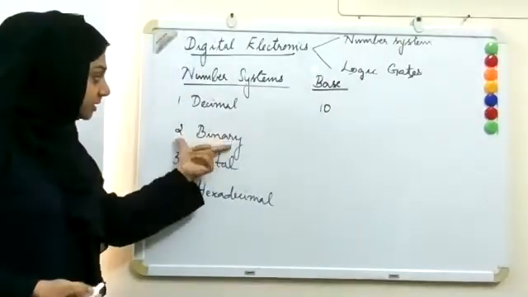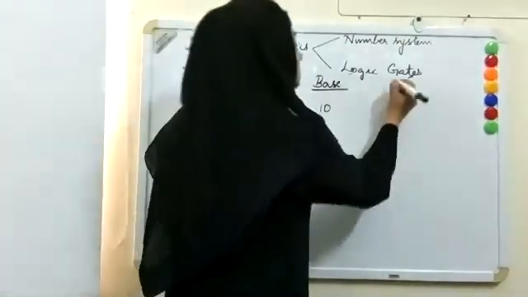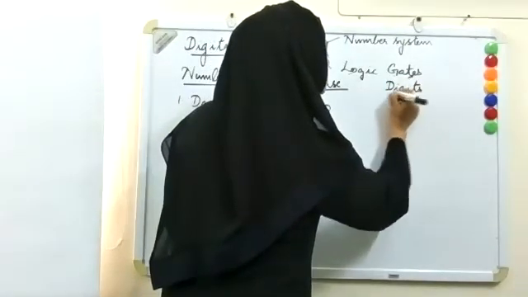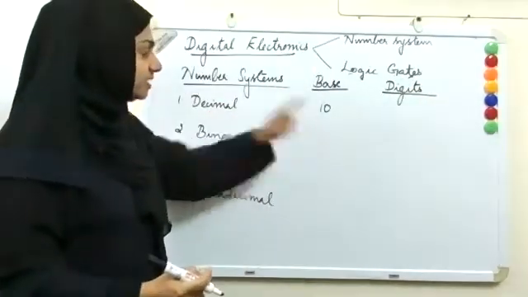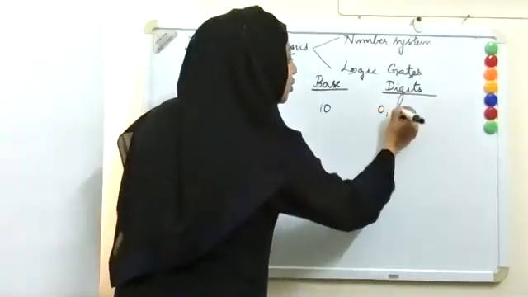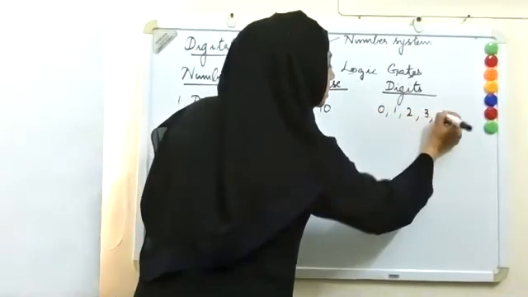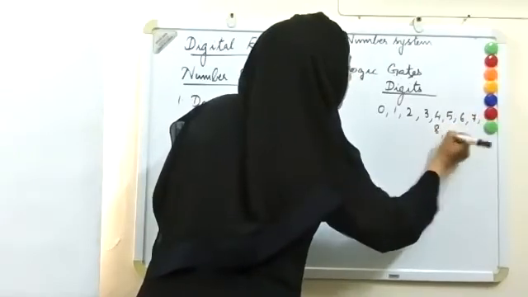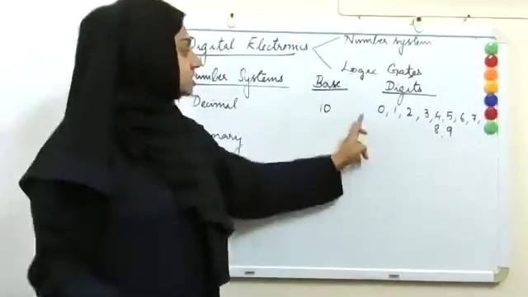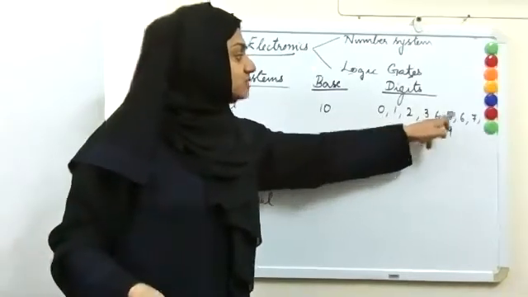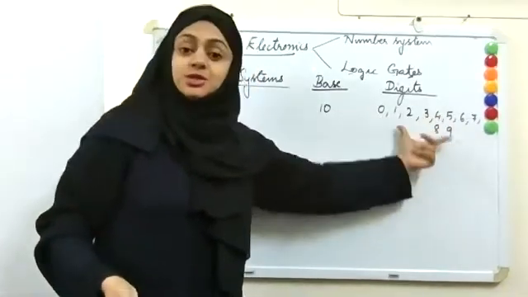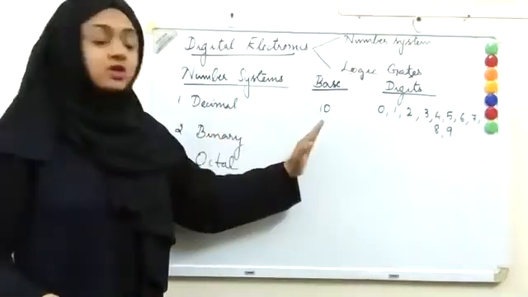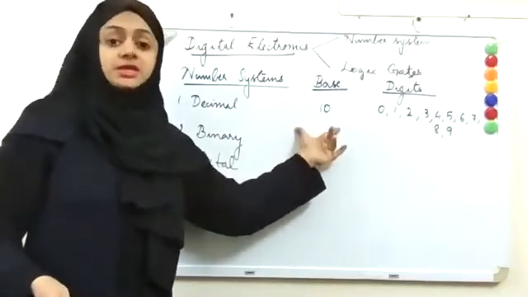So let me tell what are the digits also. Digits in the decimal number system having base 10, it's 0, 1, 2, 3, 4, 5, 6, 7, 8, and 9. See how many digits are there? 10 digits are used in this decimal number system. So we call it number system to the base 10.